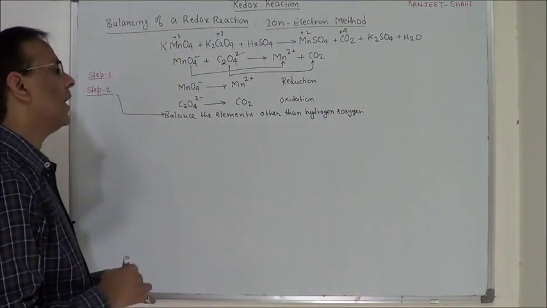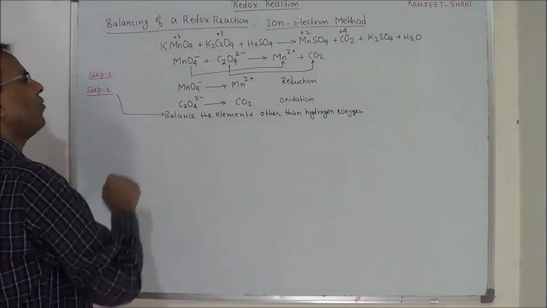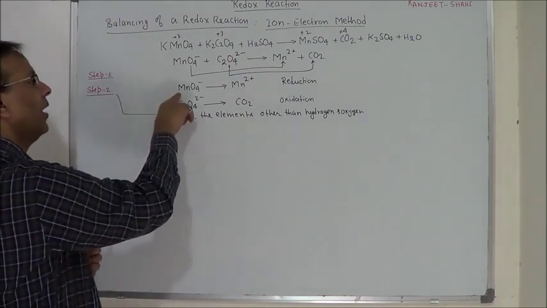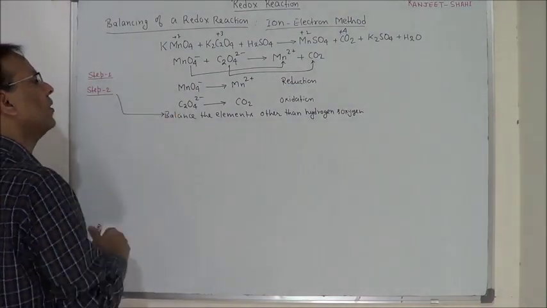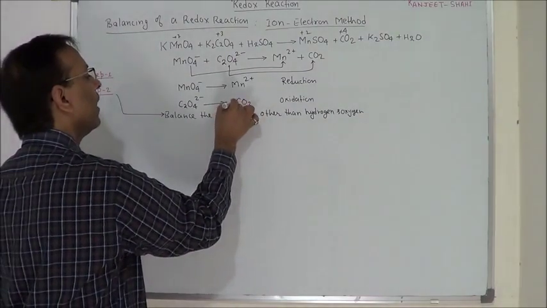In the first reaction we have manganese other than hydrogen and oxygen, so it is already balanced, 1-1. In the second reaction we have carbon, so the 2 carbon must be balanced by giving 2 on this side.